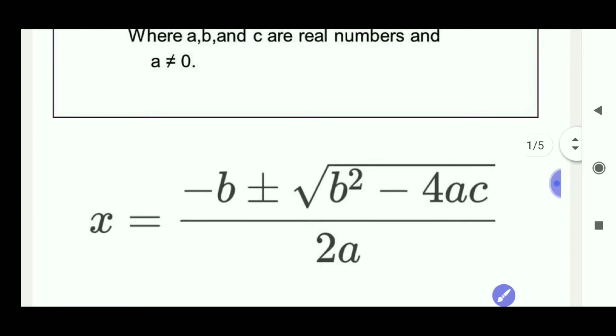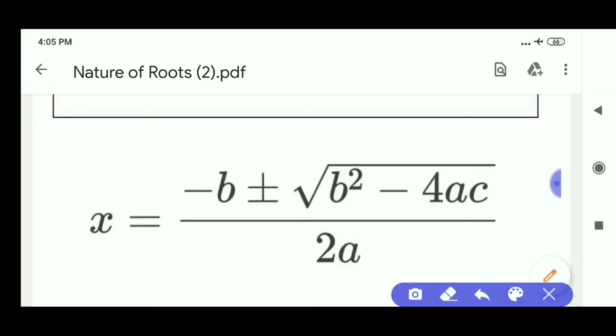Now, what is the root of the quadratic equation? Root means nothing but the solution, that is the answer of x. The solution is minus b plus or minus root over b square minus 4ac whole by 2a.